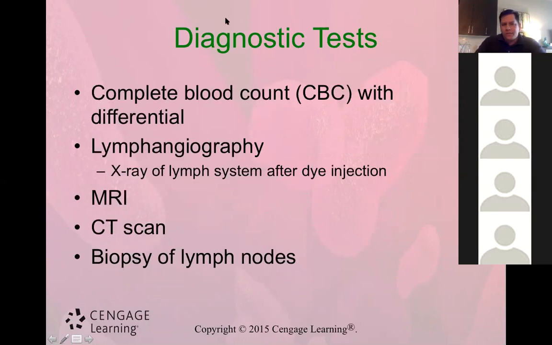For diagnostic tests, one test is the complete blood count, CBC, with differential, to measure, regarding the lymphatic system, the white blood cells: the neutrophils, the eosinophils, basophils, macrophages. Another study is lymphangiography, an X-ray of the lymph system after dye injection, MRI, CT scan, and a biopsy of the lymph nodes.